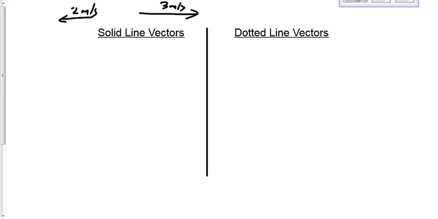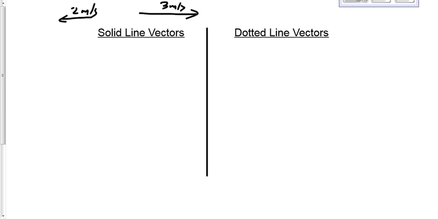If you're standing beside the moving walkway and I'm walking on it, how fast am I moving relative to you? I'm walking to the left, the moving walkway is going to the right. I'm moving at 1 meter per second, right? My relative velocity is 1 meter per second.